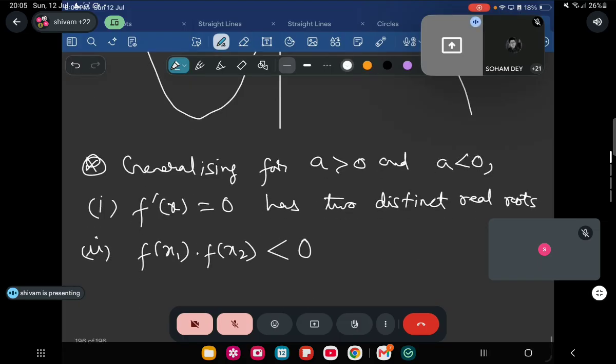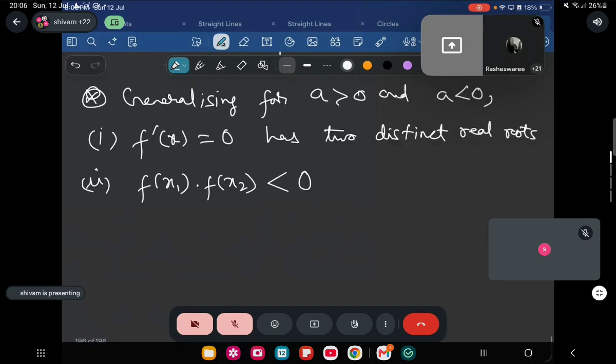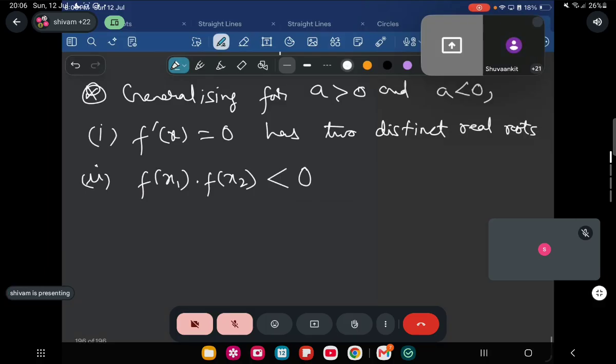So these are the conditions you need to follow. Those who are online, is it clear? Adrija, Aibsha, Ahir, Agnimitra, is it clear? Yes, sir. Okay, next.